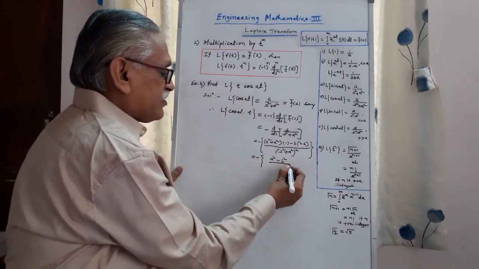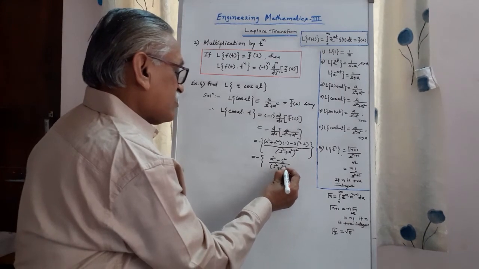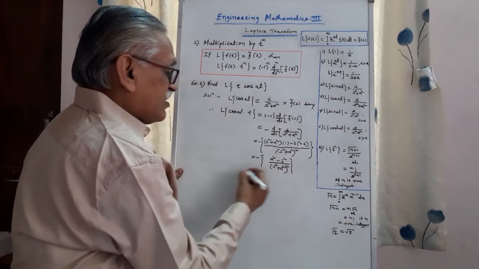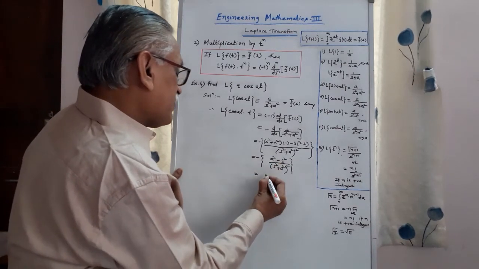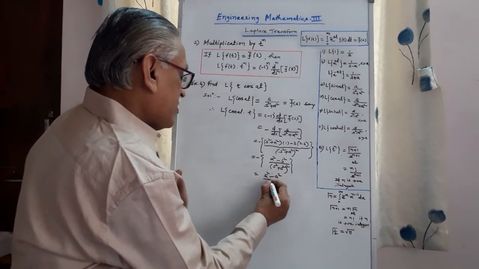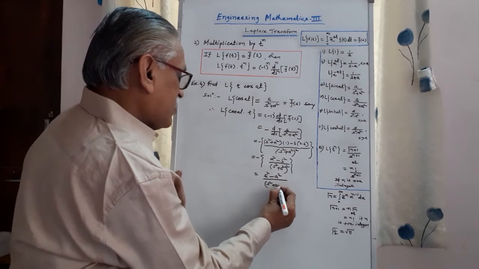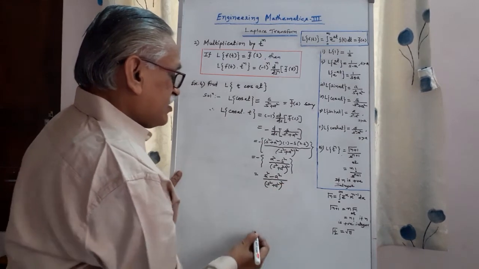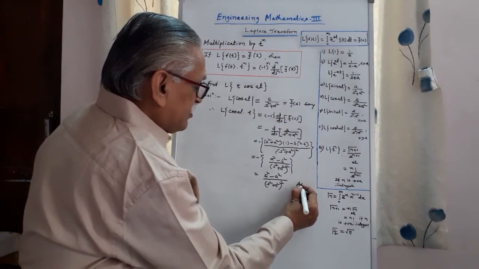Therefore it is a square minus s square upon s square plus a square whole square. Multiplying by the minus sign outside the bracket, we get the term as s square minus a square divided by s square plus a square bracket square as the required Laplace of this term, or that is the required answer.